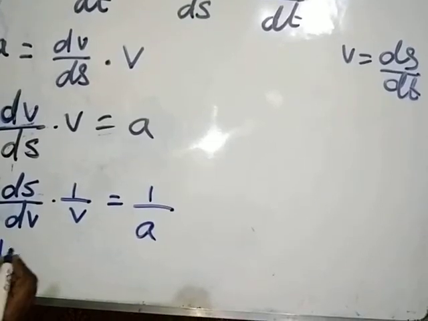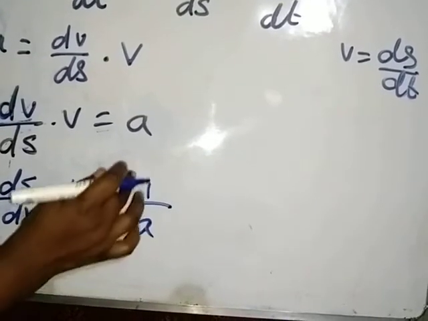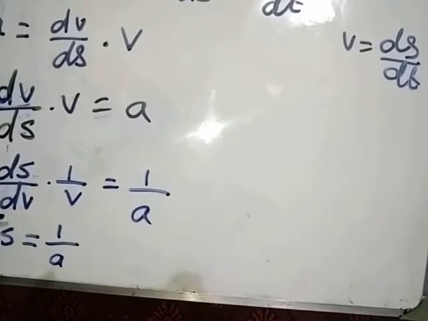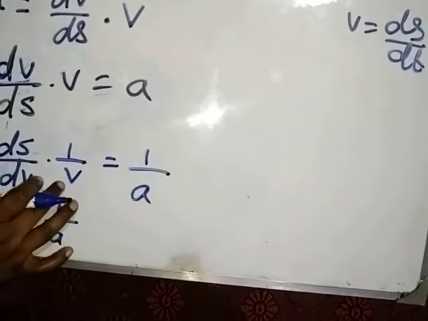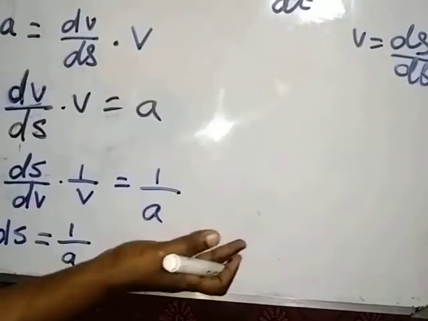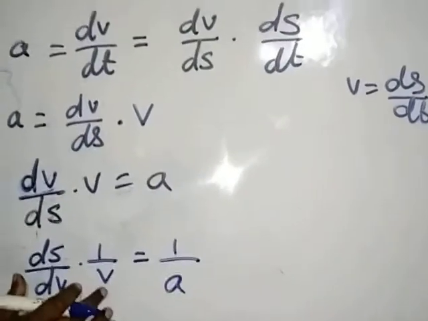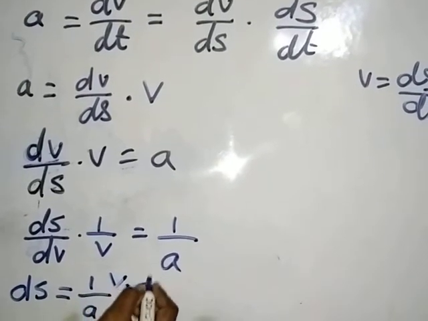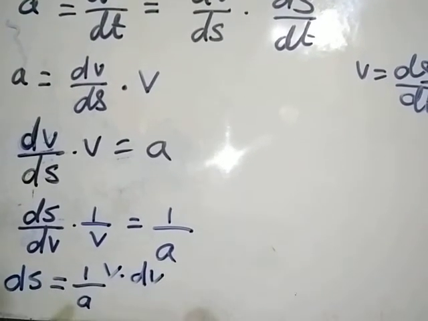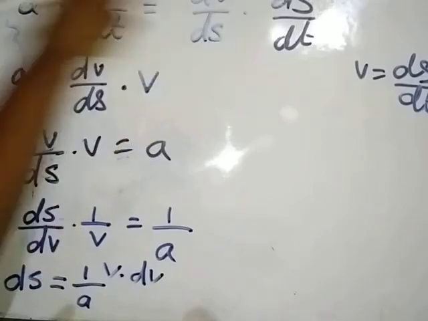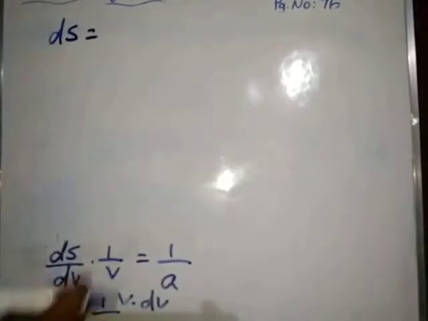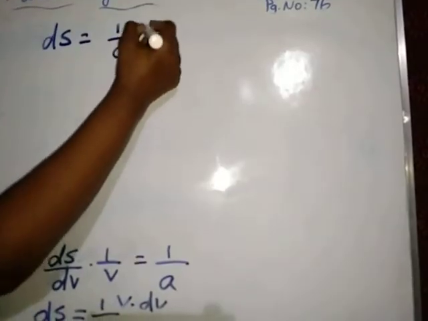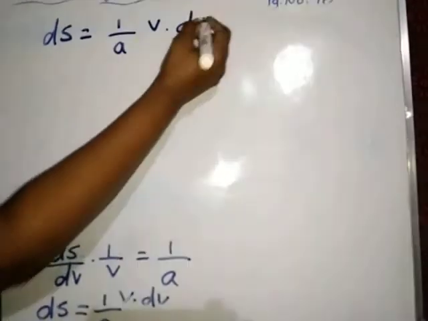Now ds equals 1 by a into, this v dv goes to the right hand side of the equal sign, it comes up in the numerator. So ds equals 1 by a into v into dv.